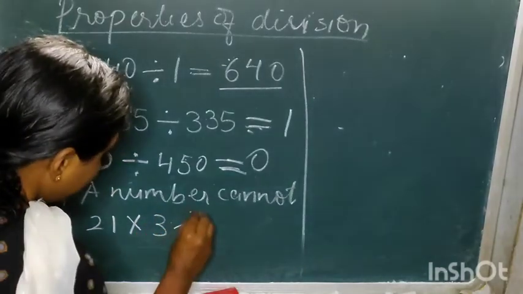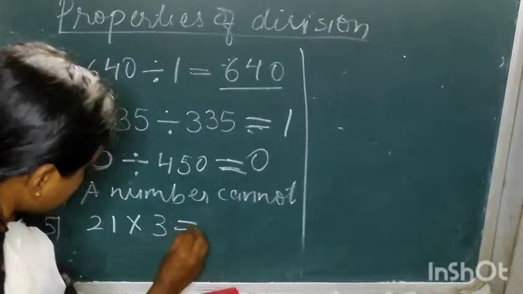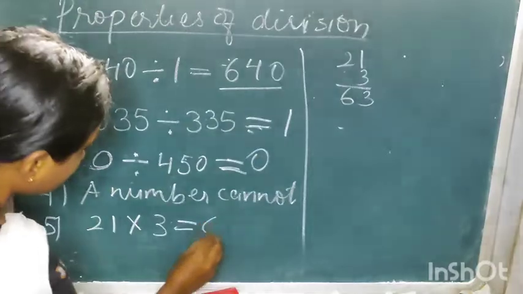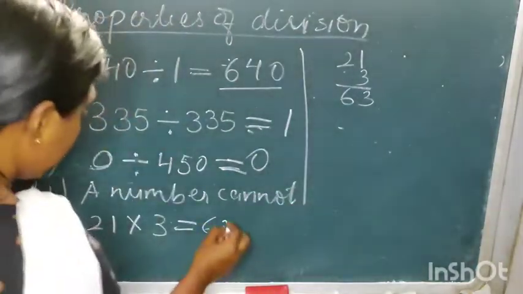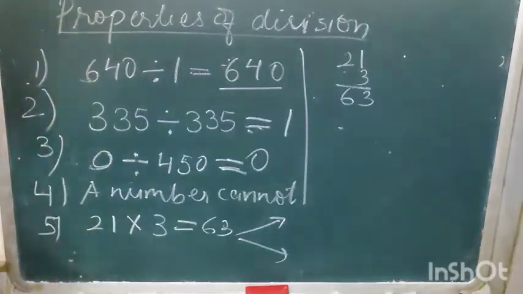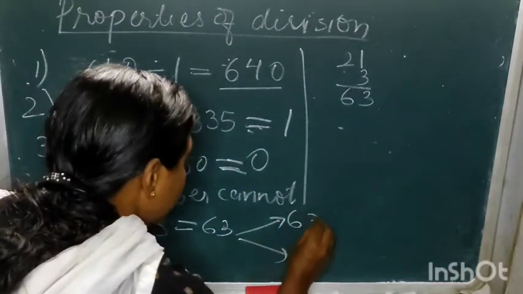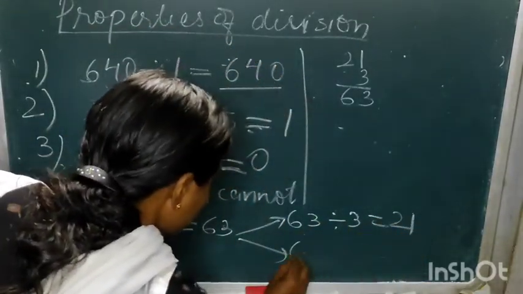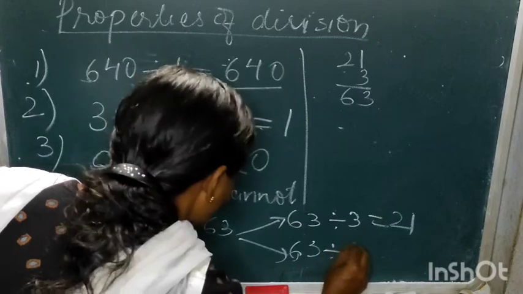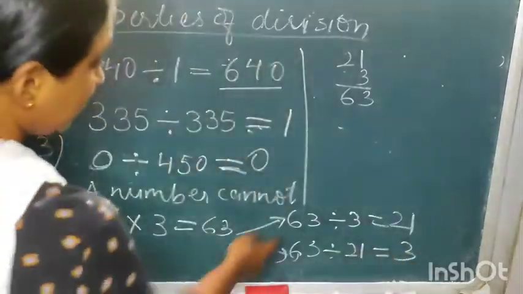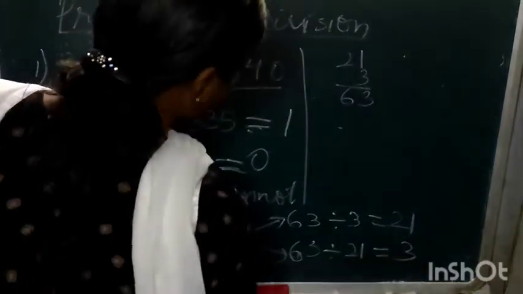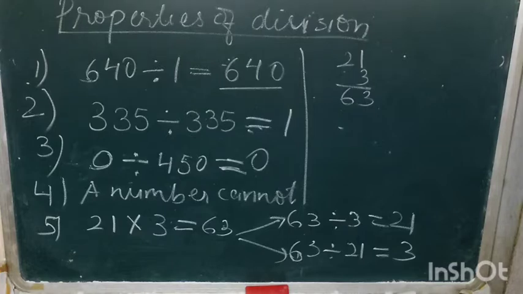We multiply and see, 21 into 3 is 63. 63 can be written in two ways. 63 divided by 3 is equal to 21, or 63 divided by 21 is equal to 3. In two ways we can write. So this is the fifth property.